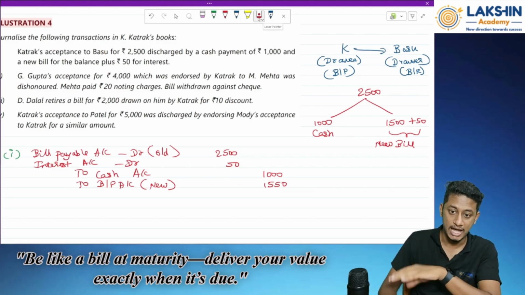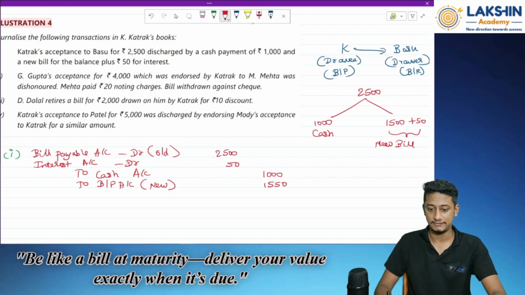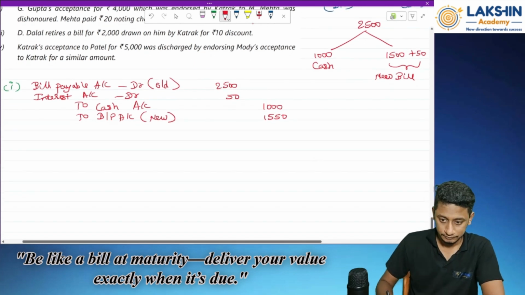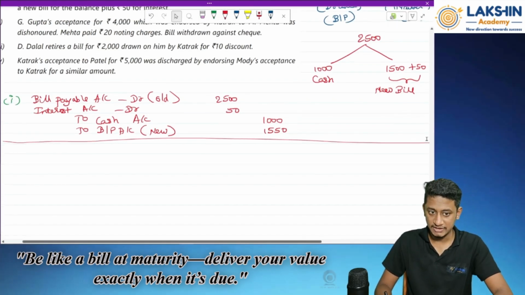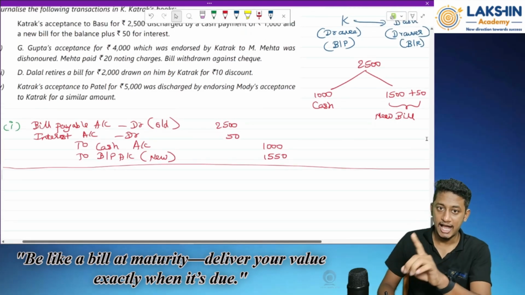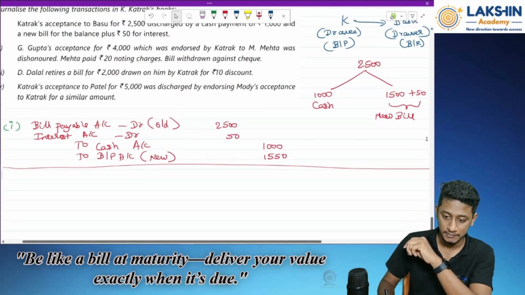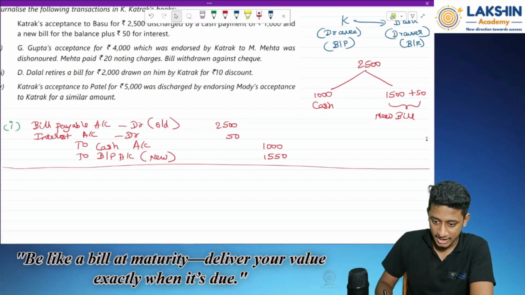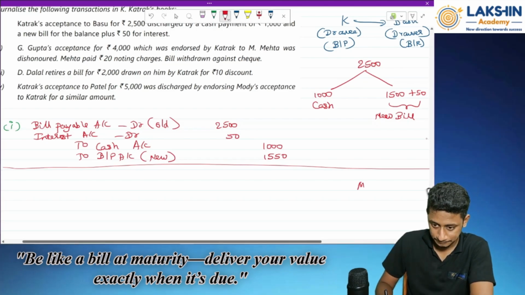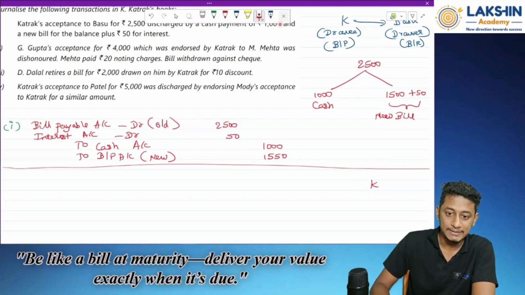First of all, let's see what has happened over here. Okay, let us understand this. There is Mr. Gupta, there is Mr. K, and there is Mr. Mehta. Three people, so G, K, and M. We are Mr. K. So what has happened over here? Who has accepted the bill?